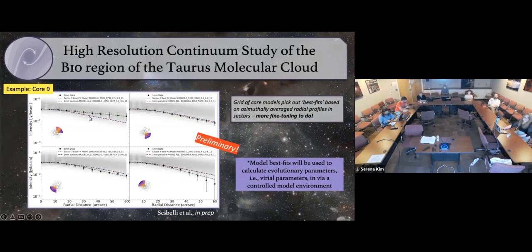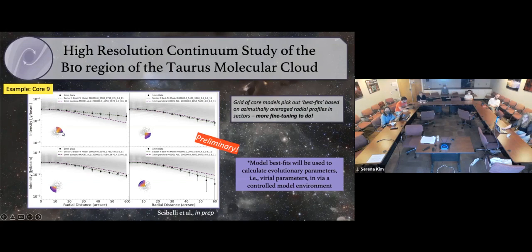So here is an example. This plot shows 4 different sectors of one particular core. This is core 9. The contours in the bottom of the panels show you which section of the core we're getting a radial profile from.